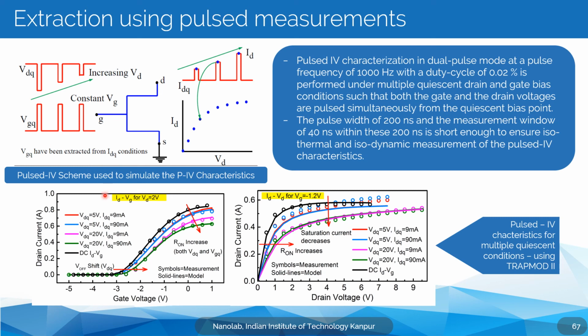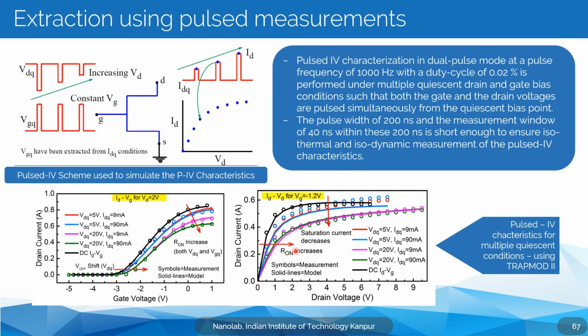Obviously, the measured results don't fit with the simulation extracted from the DC part. Then you switch on one of the trap mods and start tuning these values. You either change the RS, the RD, or the V off with different bias conditions. And you'll see that the model will start capturing the effects of those trapping phenomena.